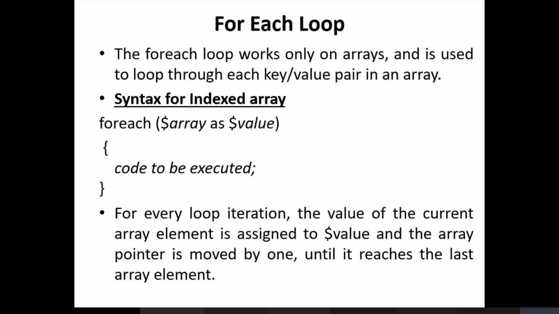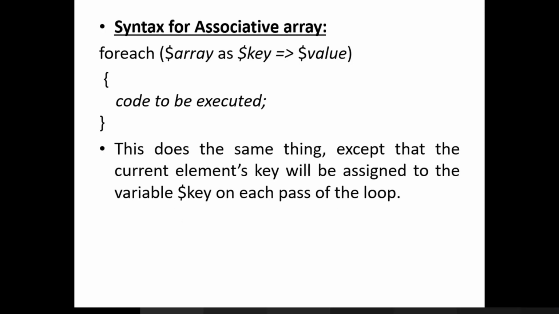It works on arrays and it is used to loop through each key value pair in the array. So in arrays we have key value pairs where we specify which key is associated with which value. So the syntax is foreach array as $key => $value, then we have the code to be executed.